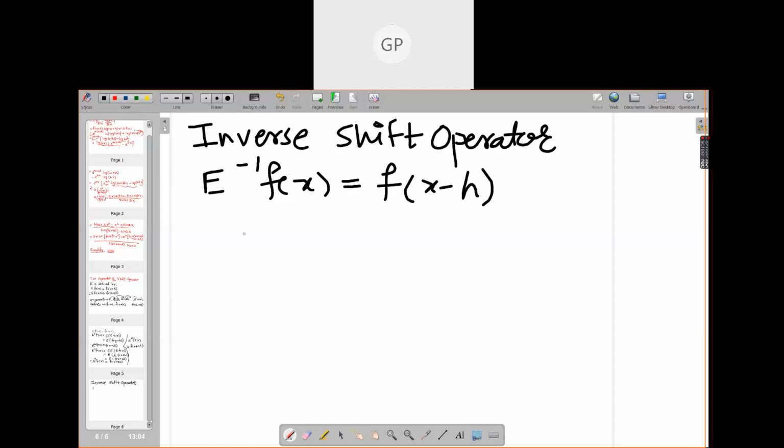Here we assume that the second value is x and the first value is x minus h. We can call our values anyhow we want; it is not necessary that we call it x only. So what should be E raised to minus 2 f(x)?